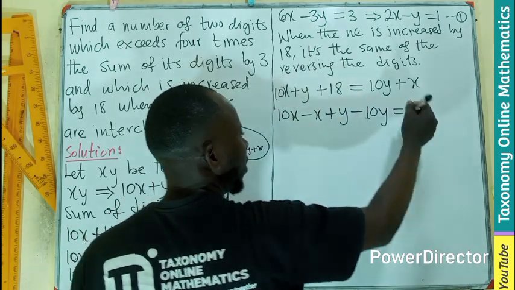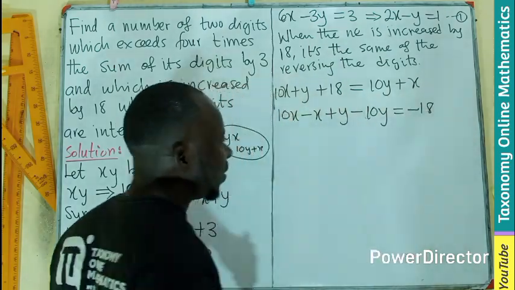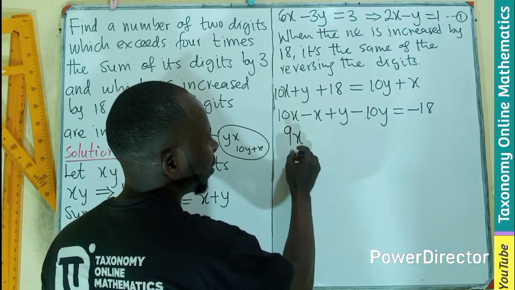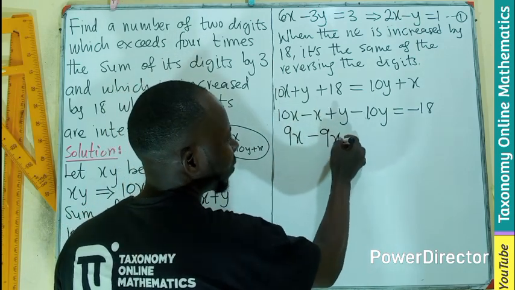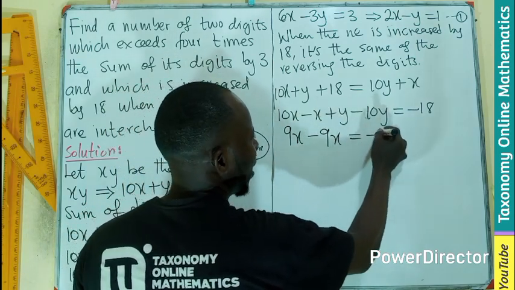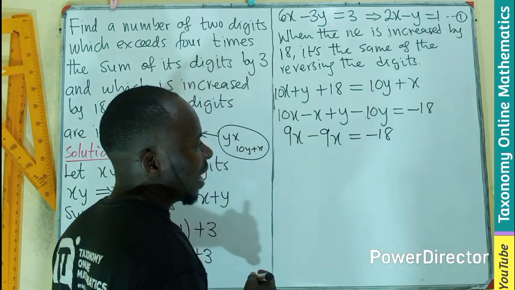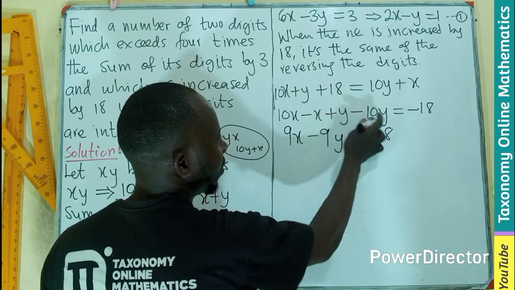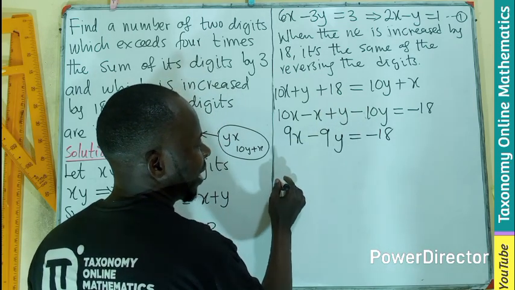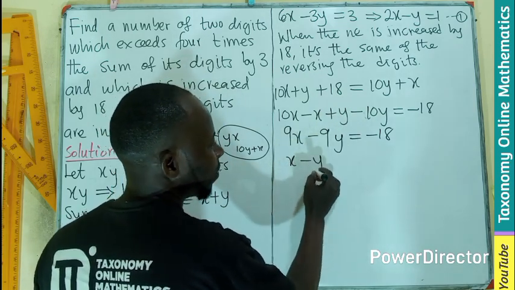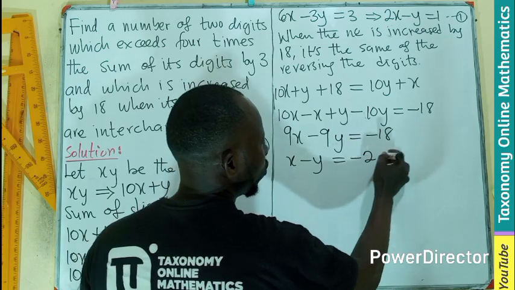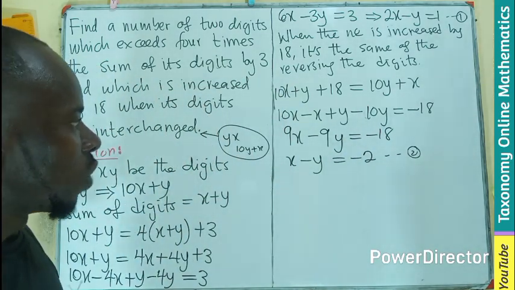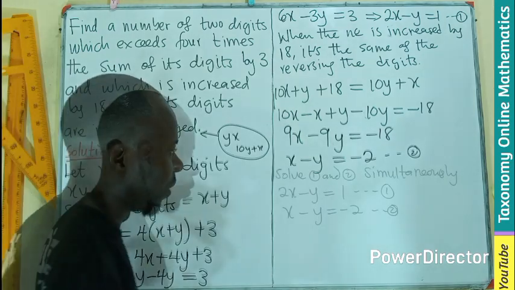Let's transpose 18 to become negative 18. I can see 9x minus 9y equals negative 18. Dividing by 9 gives x minus y equals negative 2, as equation 2.